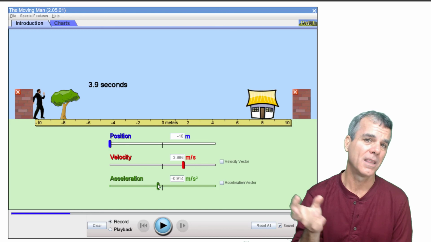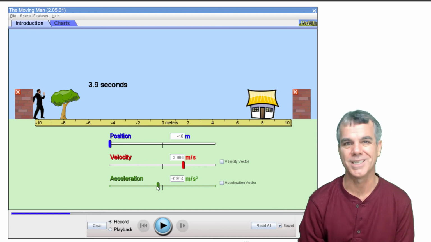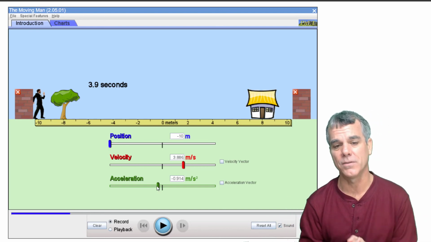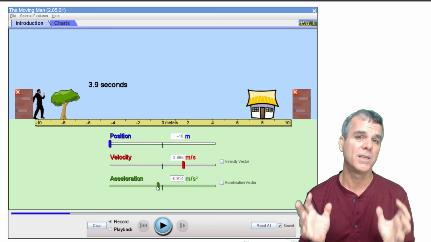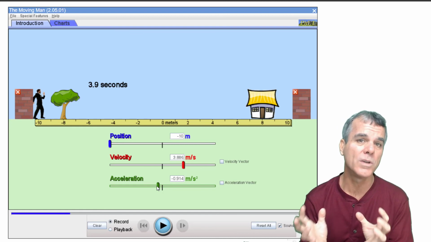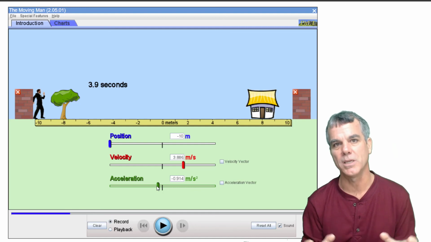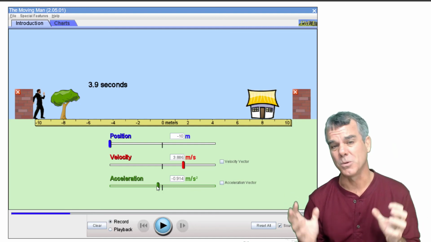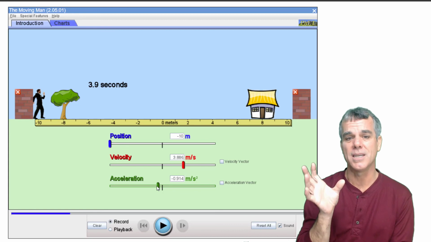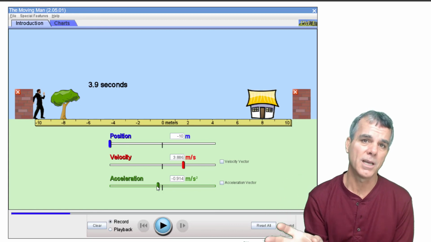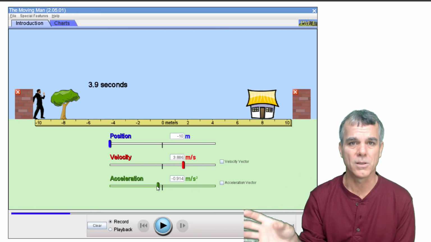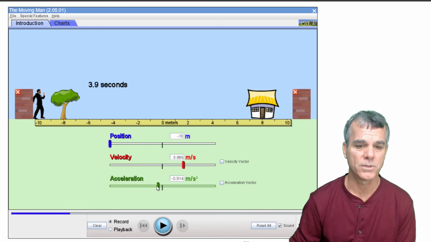Well, again, thinking about this, if my initial position is negative, I'm starting to the left of the origin. If my initial velocity is positive, that means I'm moving to the right. But in this case, my acceleration is negative, which means I am slowing down. So as long as the acceleration stays negative, eventually this object is going to slow down, slow down, slow down, stop, and then reverse directions.